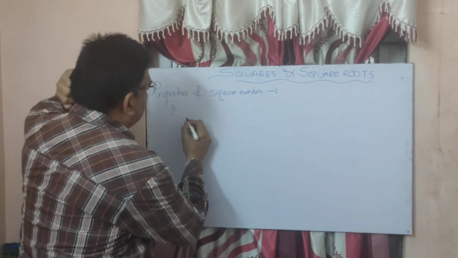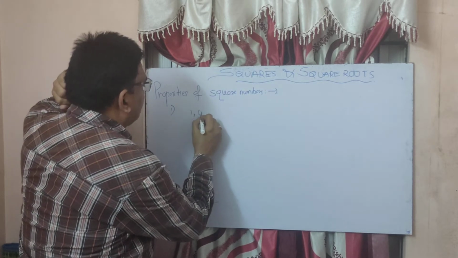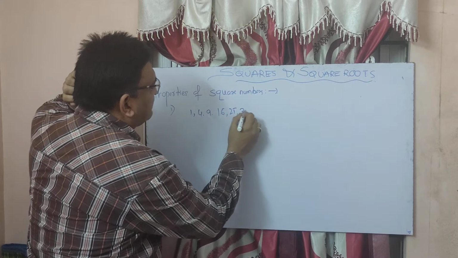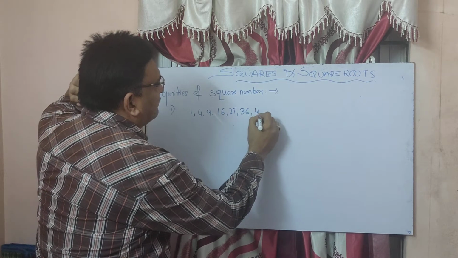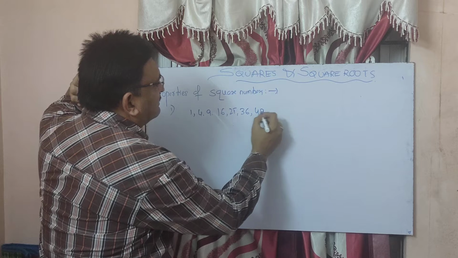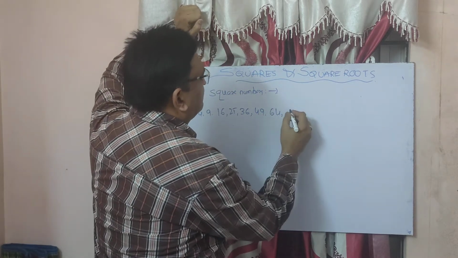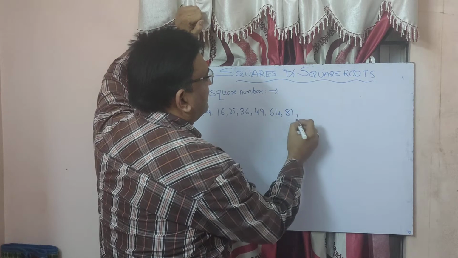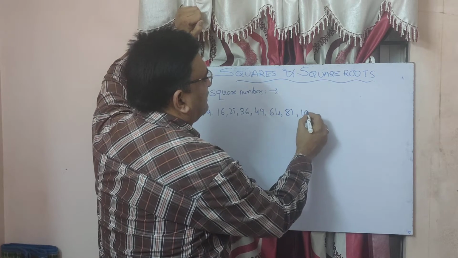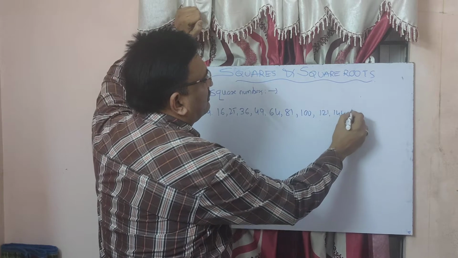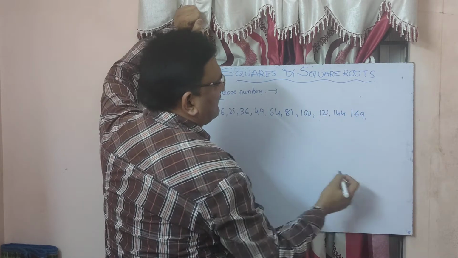Look here now. 1, 4, 9, 16, 25, 36, 49, 64, 81, 100, 121, 144, 169, like that.